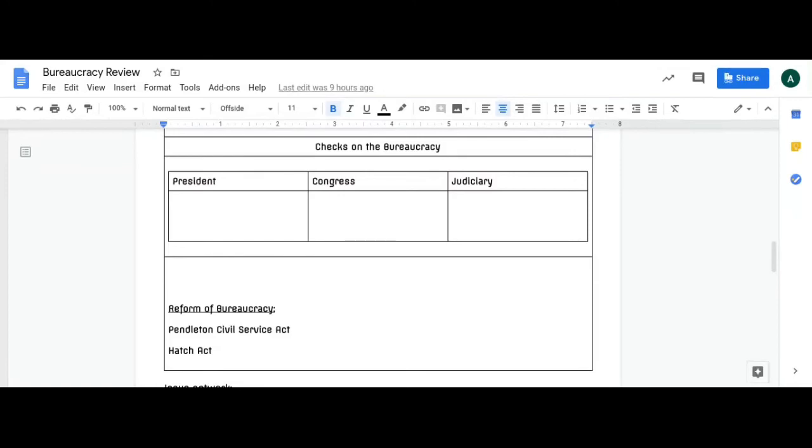As far as other reforms during this time period, we have the Pendleton Civil Service Act, and that was passed in the late 1800s.